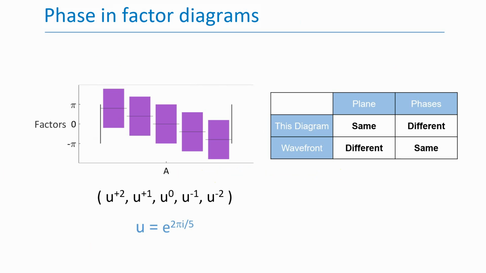To represent angle factors visually, we introduce a new aspect of factor diagrams in which the vertical dimension represents the phase angle. The bars on the left and right indicate the range from -pi to +pi for a full range of one cycle.